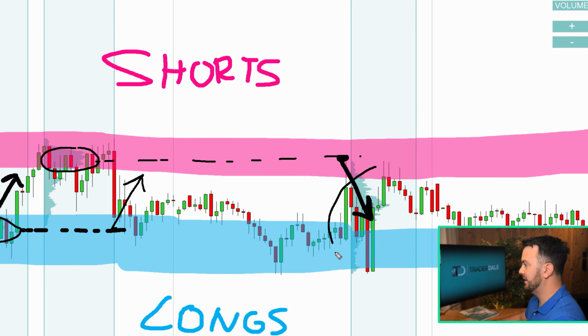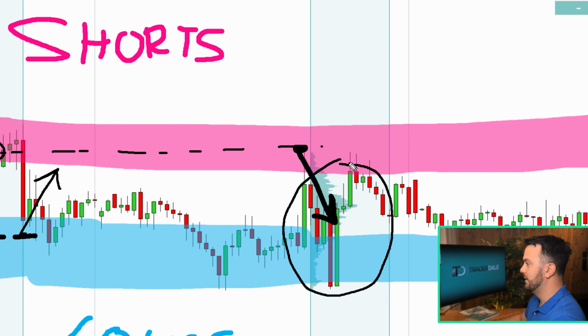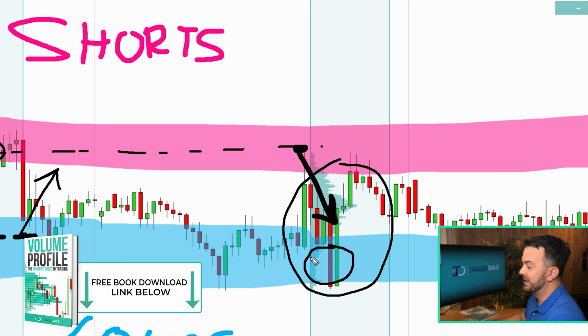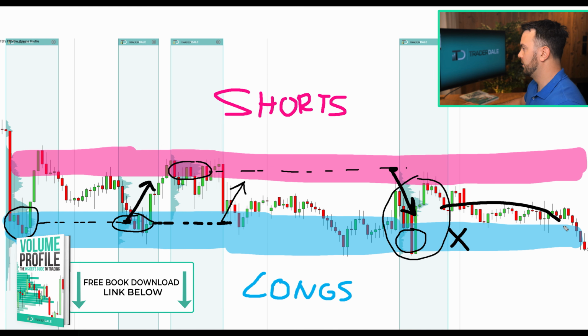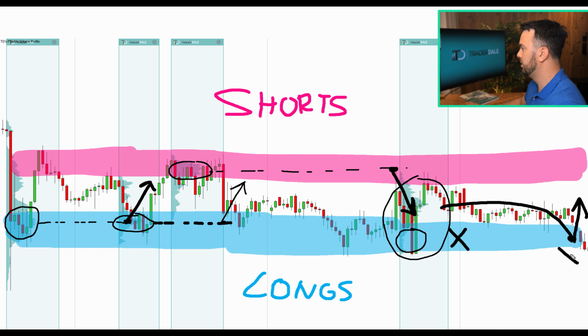I have this one extra volume profile here, and I placed it there because I wanted to show you a scenario where you don't enter a trade. Here is a place where very low volumes were traded, okay? There is not a significant volume cluster. That means that you don't want to go long when the price hits this level, no long from there, because there's no significant volume cluster, okay?